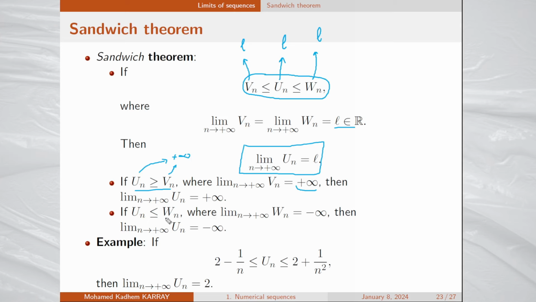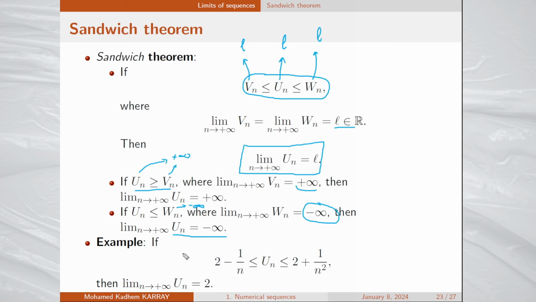The third part of this theorem is that if u_n is smaller than a sequence w_n, such that w_n goes to minus infinity, then u_n also goes to minus infinity. And here also, this is obvious, since if w_n goes to minus infinity and u_n is smaller than w_n, necessarily u_n also goes to minus infinity.